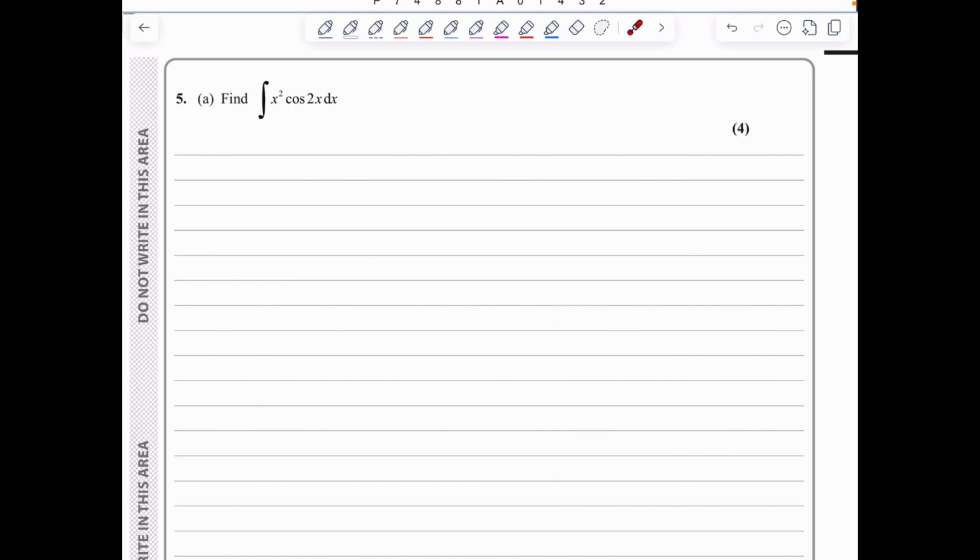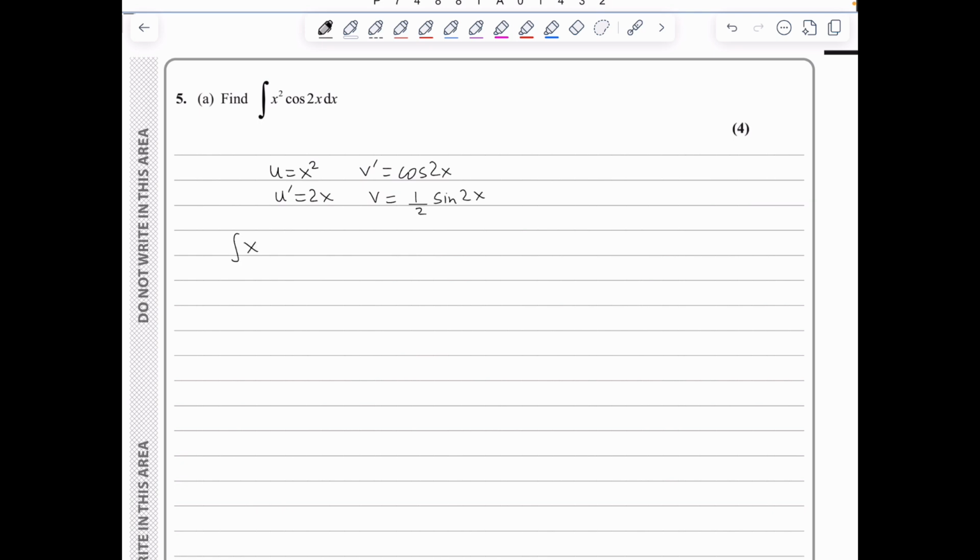In 5a, we need to find the integral of x² cos 2x, and we will approach this with integration by parts. So I'm setting u to be x², and my v' will be cos 2x. So u' is 2x, and v is the integral of cos 2x, which is 1/2 times sin 2x.